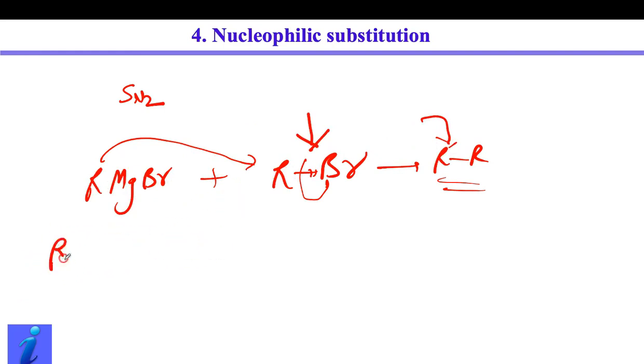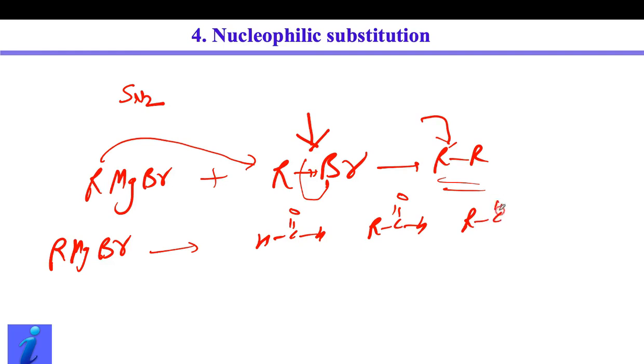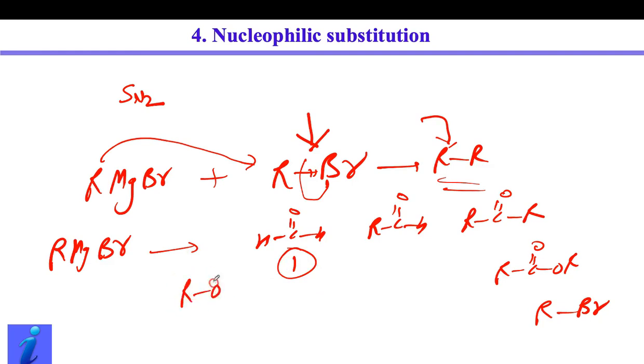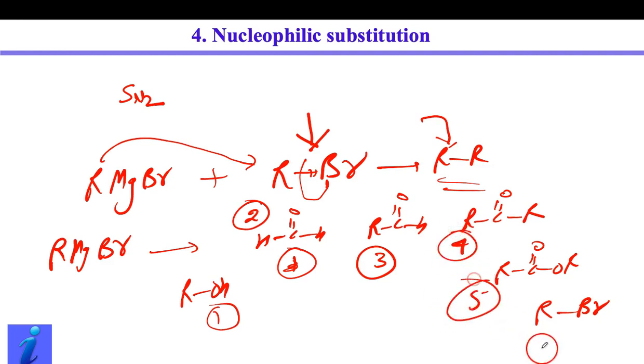That means, if I ask you about the RMgBr reaction with alcohol, formaldehyde, aldehyde, ketone, ester, and RBr, the highest rate will be for polar or active hydrogen, then for formaldehyde, then for aldehyde, then for ketone, then for ester, and the least reactive is RBr, because we are going to break a sigma bond to form RR.